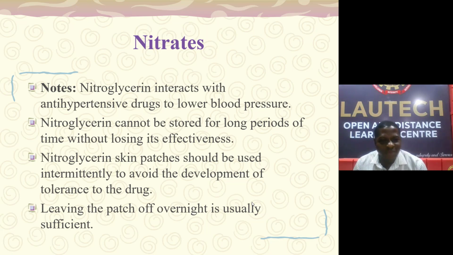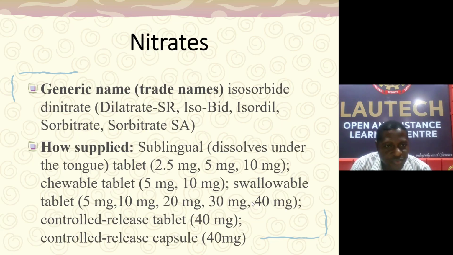Leaving the patch off overnight is usually sufficient. Another example is isosorbide nitrates, and these are the trade names. They are supplied in sublingual tablets, which are dissolved under the tongue, in 2.5 milligram, 5 milligram, and 10 milligram.